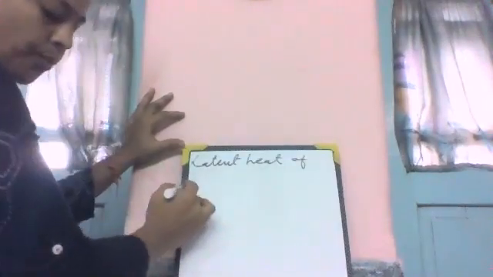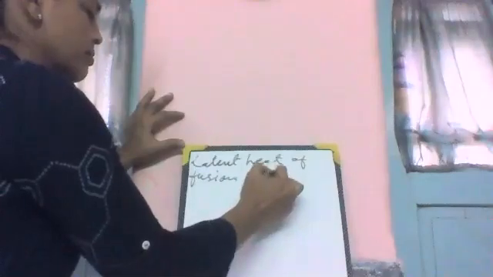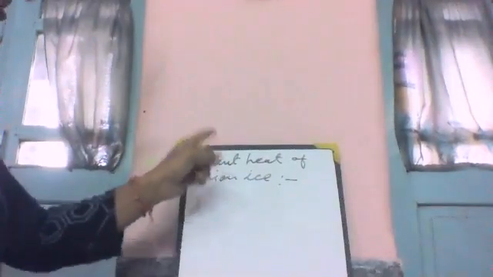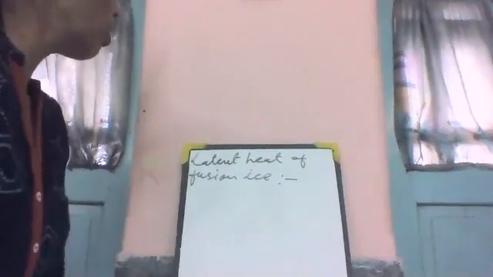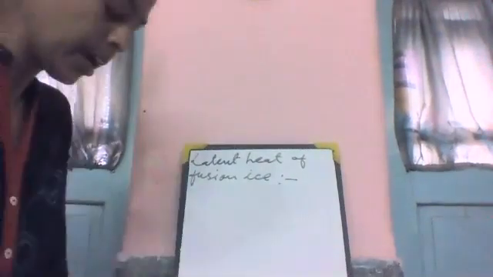Fusion of ice means the change of solid into liquid. The heat required when a solid melts or changes into liquid is known as latent heat of fusion of ice.